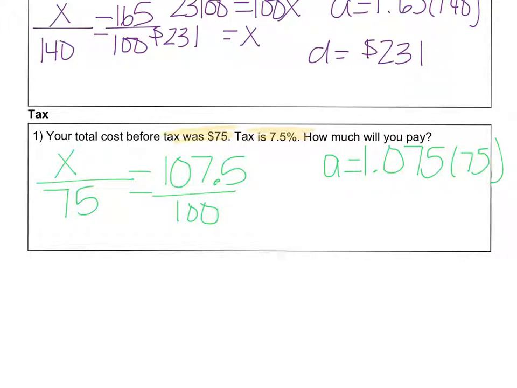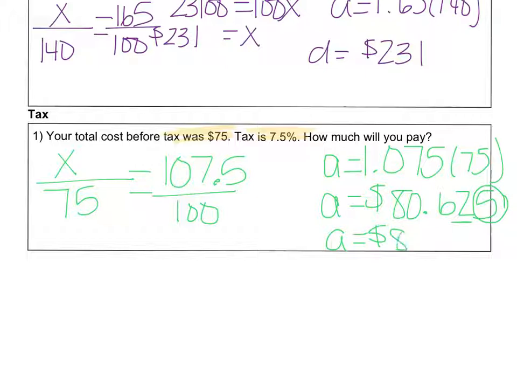Okay, so when I did it with the equation, I got A equals $80.625. Now is the point where we can cut something off. So we have to either round up or stay the same based on this number here. Based on that being a 5, we're going to say that the cost is $80.63 because the 5 made the 3 go up.